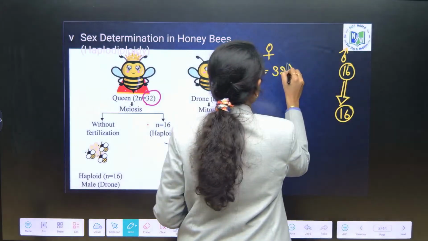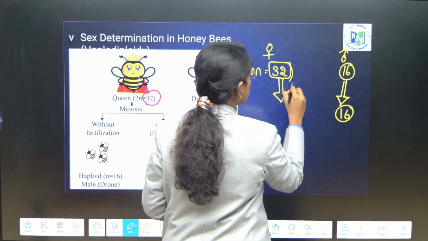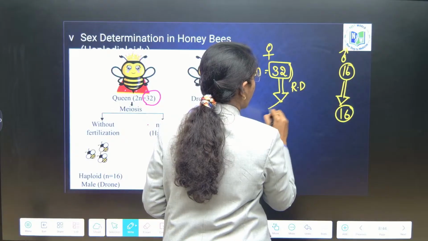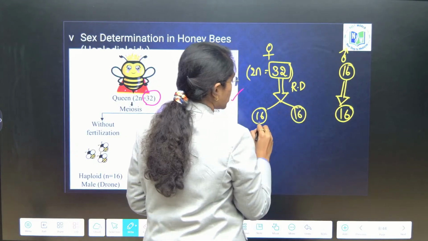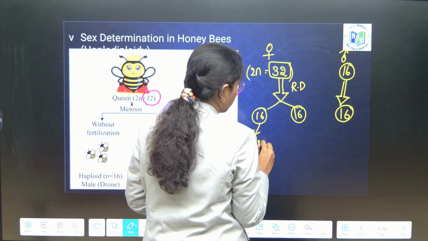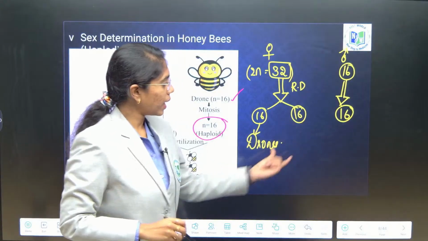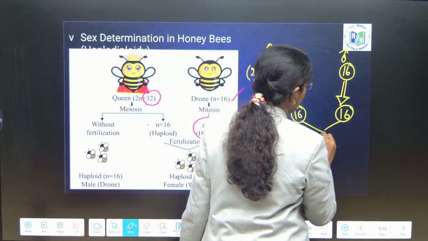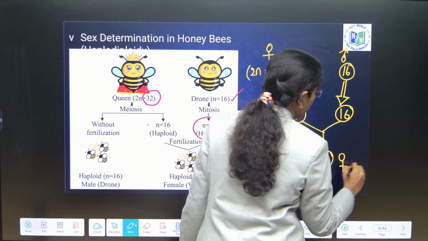Whereas, this as it has complete diploid set, this will undergo what, beta? Meiosis or reductional division, and half the set of chromosomes will be produced. One set will turn to drones or males, half the set of chromosomes. The other half set will undergo gametic fusion, forming 32 chromosomes that turn to females.